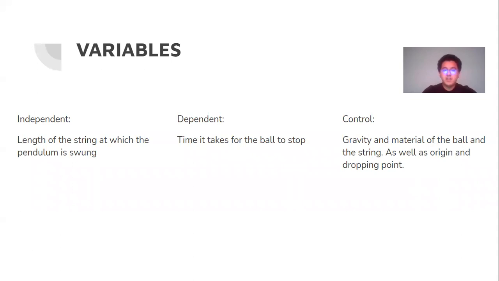The dependent, the one that is dependent on how the independent is manipulated, is the time it takes for the ball to stop. And the control variables, which are the ones that do not change throughout the experiment, are gravity and the material of the ball and the string, as well as the origin and dropping point.